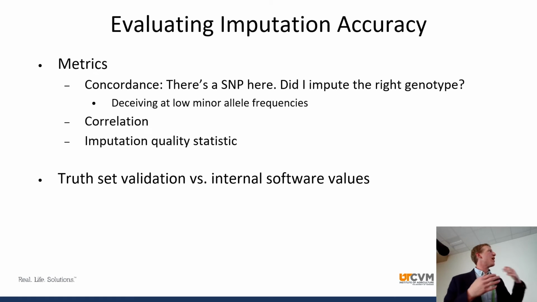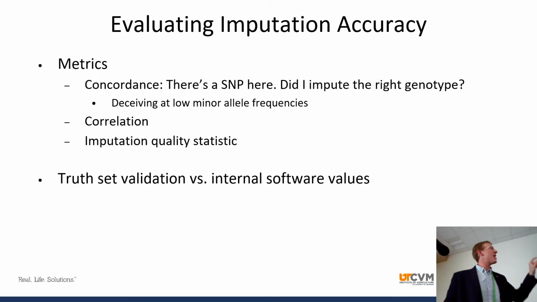And then also, I think it's important, and I'll talk a little bit about imputation accuracy here, that measuring accuracy can be done in a lot of different ways, and they're going to give you different answers depending on which metric you're using. The big one that I think a lot about is that concordance is helpful, but it's not a perfect measure of how well you're imputing a genotype, right? This is just saying there's a SNP here. Did I impute it correctly? Yes or no?